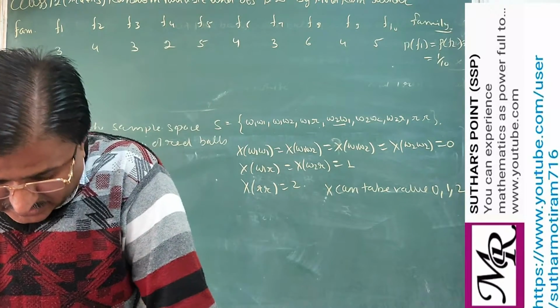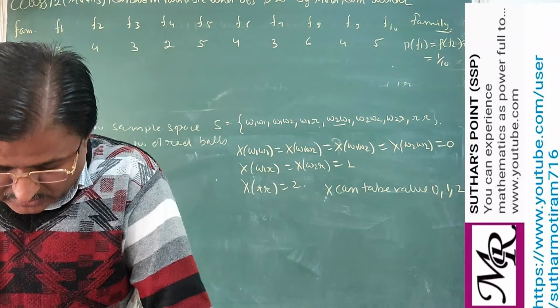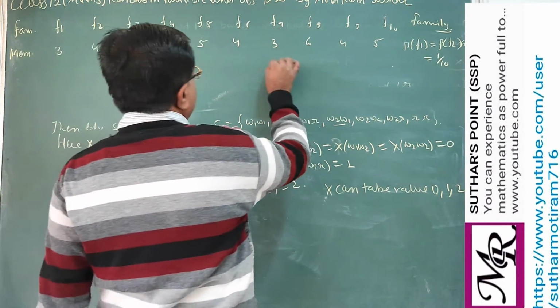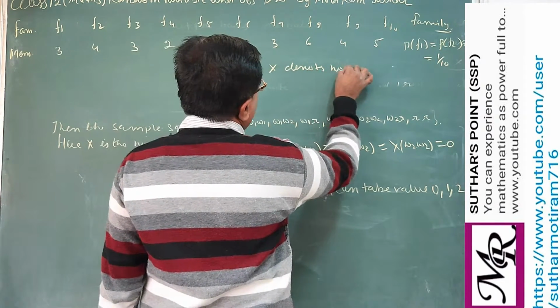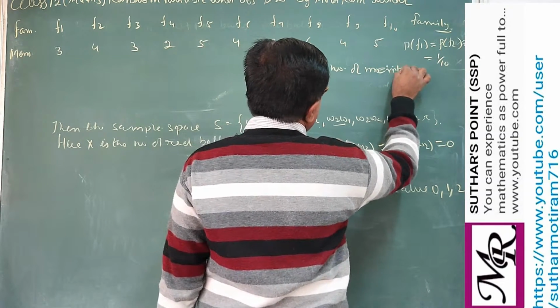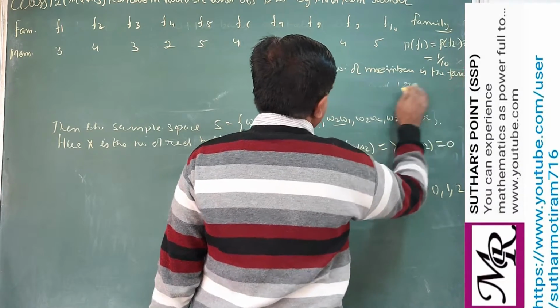Now let us select a family and note down the number of members in it. Here we denote it by x. X denotes the number of members in the family.